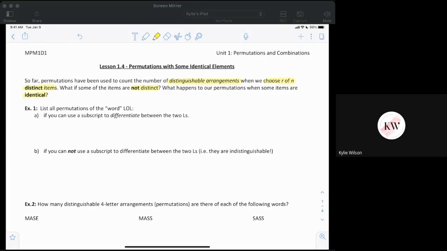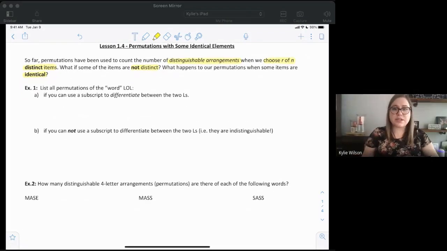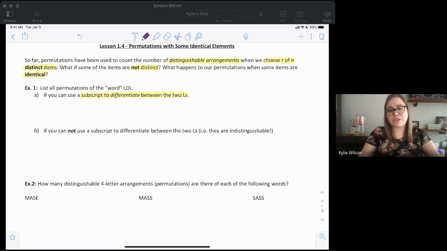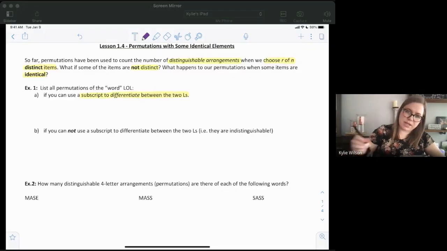So let's start with an example. We're going to start by listing all the permutations of the word, for lack of a better term, LOL. To start, we're going to use a subscript to differentiate between the two L's, so that I can tell which one is using the first L and which one's using the second L. And then we'll try to get a sense of how many options we have. So I'm going to write them all out.